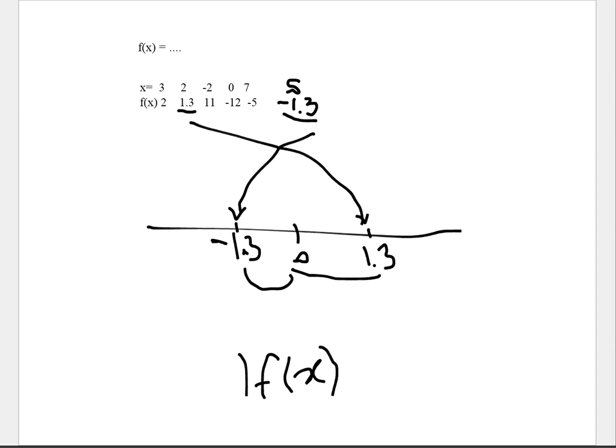So we use the absolute value of f(x), but we say the lower the value of f(x), the better the value of x, or the fitness must be higher or better. So we reverse this value.